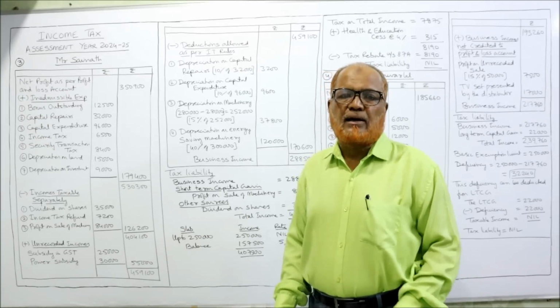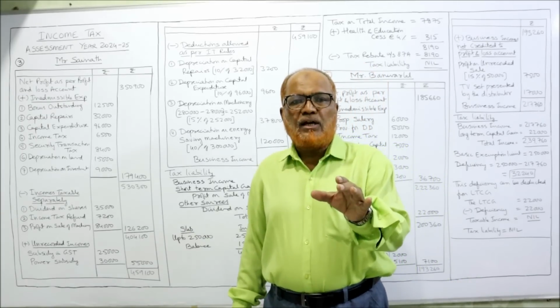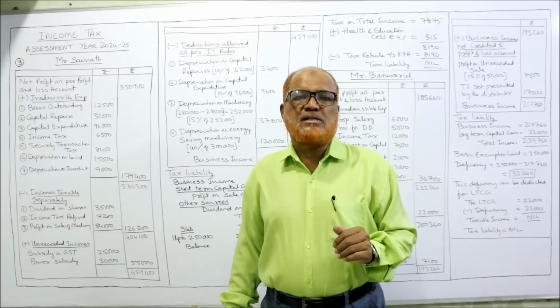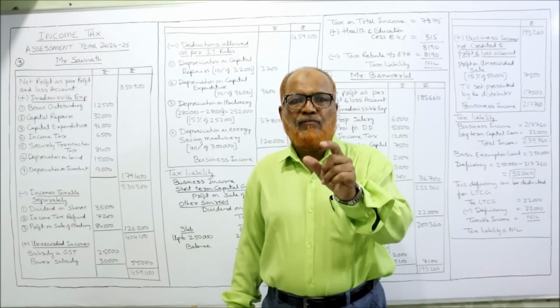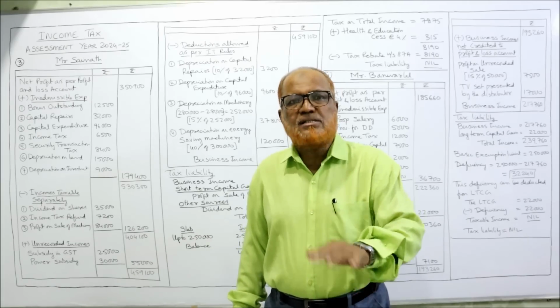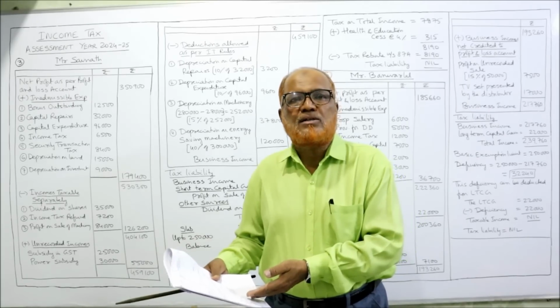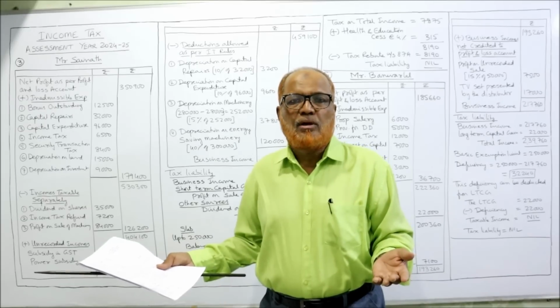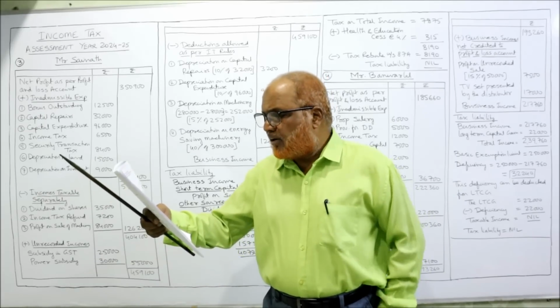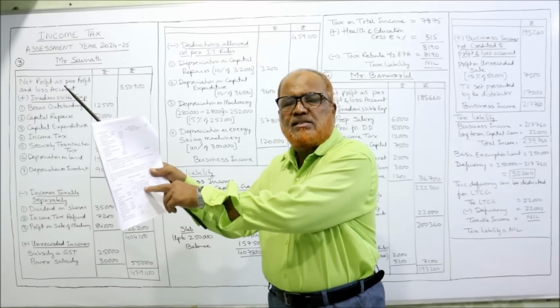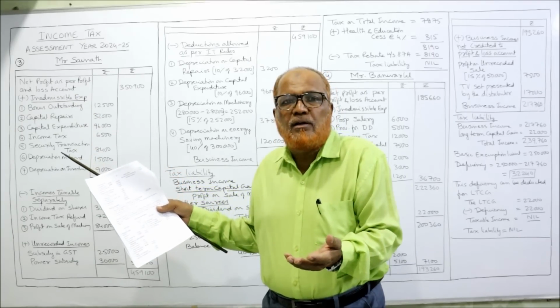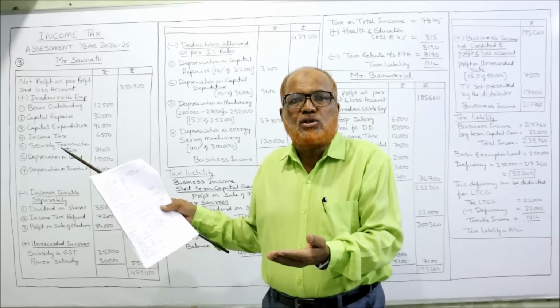Security transaction tax. If securities are part of the business activity, if interest on securities is a business income, then security transaction tax will be allowed as reduction. But here, is there any income or interest on securities? No. On the credit side, you can see there is no interest on securities.